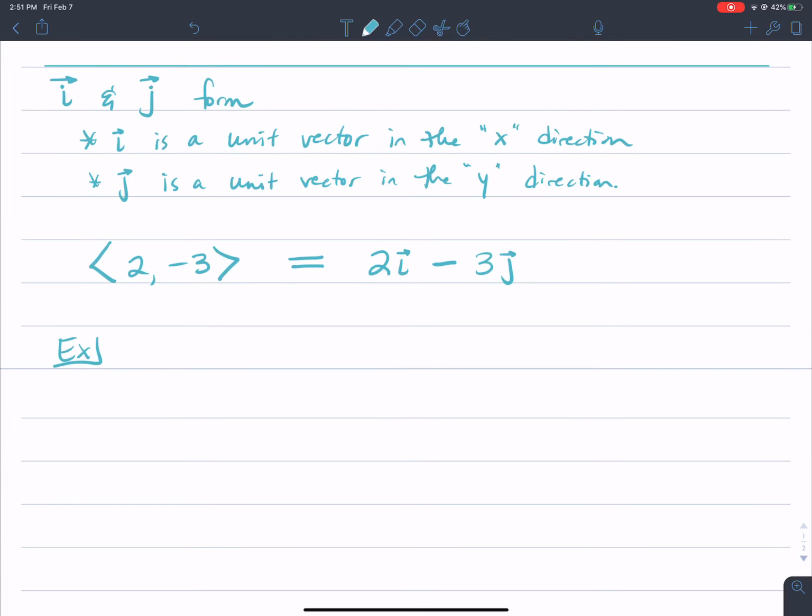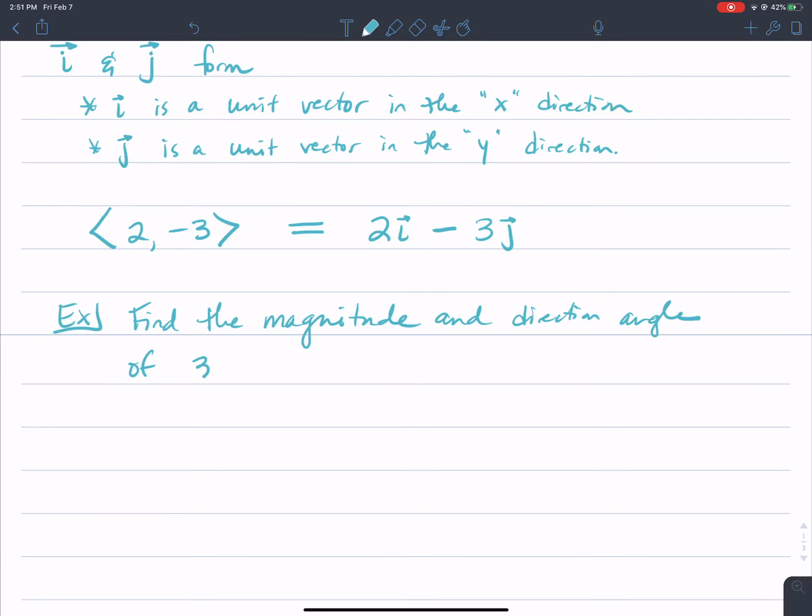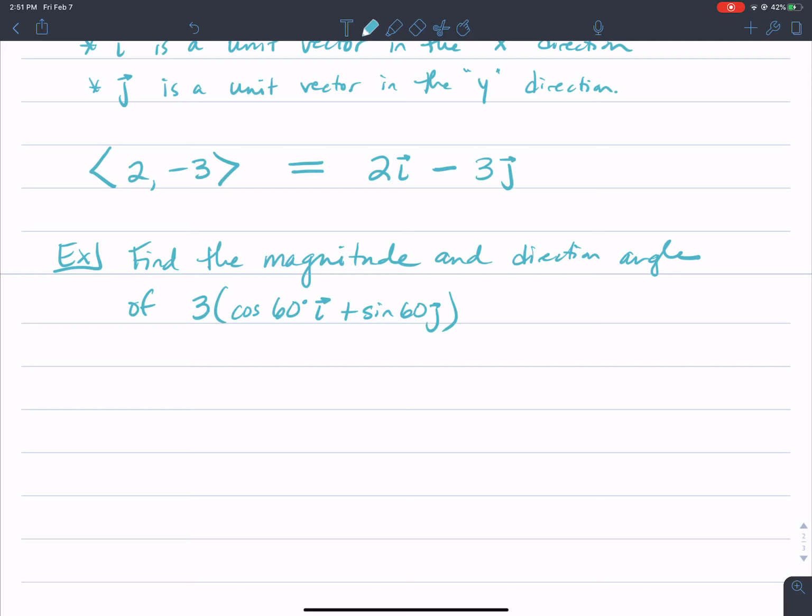So as an example, if I ask you to find the magnitude and direction angle of this vector here, this vector is written as 3 cosine 60 I plus sine 60 J. Okay, that is just a really beat up way of writing down what this vector is.